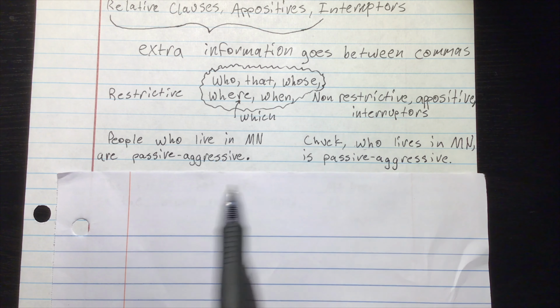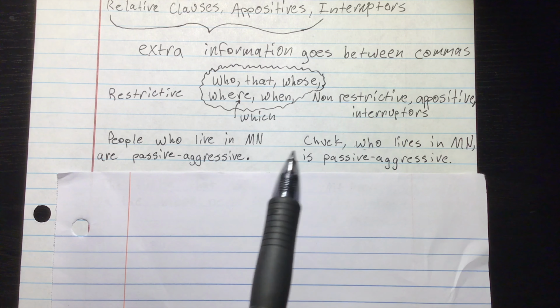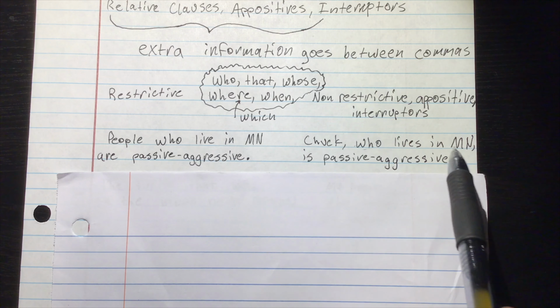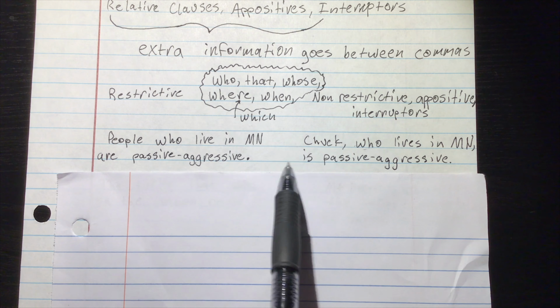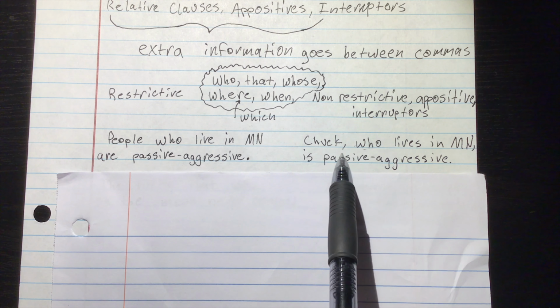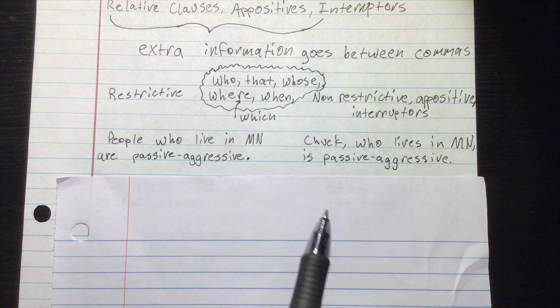We're talking about Chuck. In the other case, it was people, and we didn't know what type of people we were talking about. But in this case, we know who we're talking about. We're talking about Chuck. So this "who lives in Minnesota" is extra information, which means that if we took it out, the sentence wouldn't change its meaning. We're still saying that Chuck is passive-aggressive. Having this non-restrictive clause just adds the additional information. So hopefully that made sense.